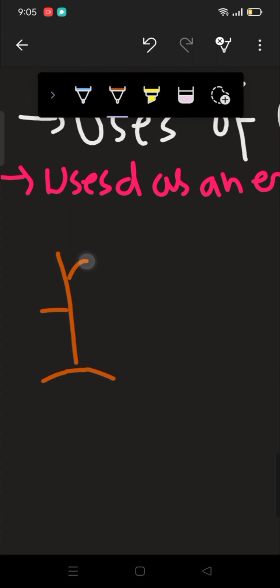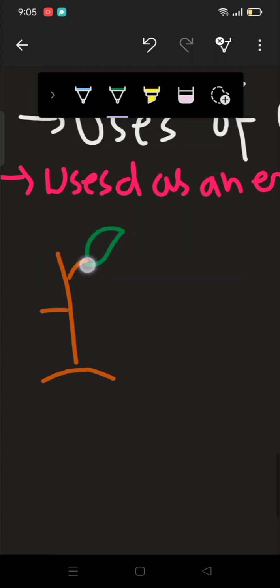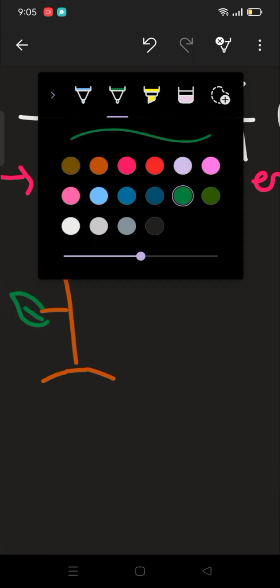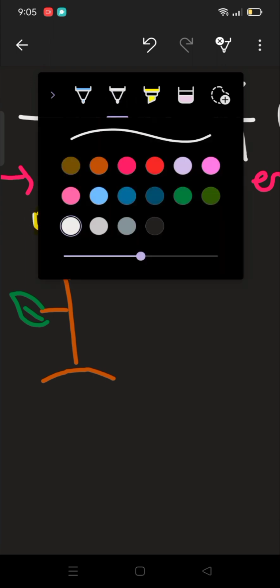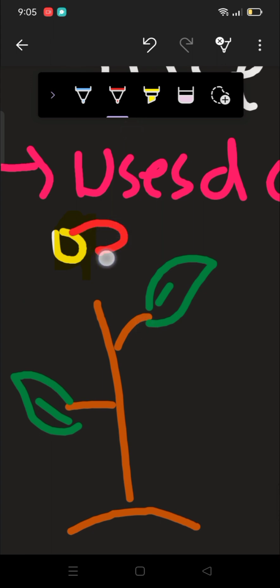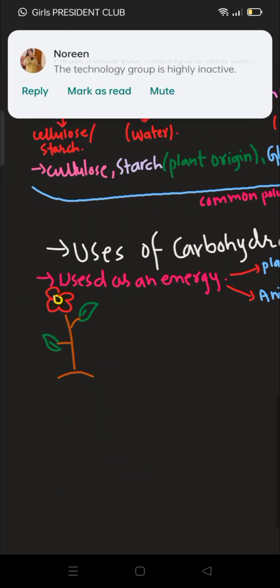This is the plant we do have. Here I am making the leaves, and a small flower with petals.